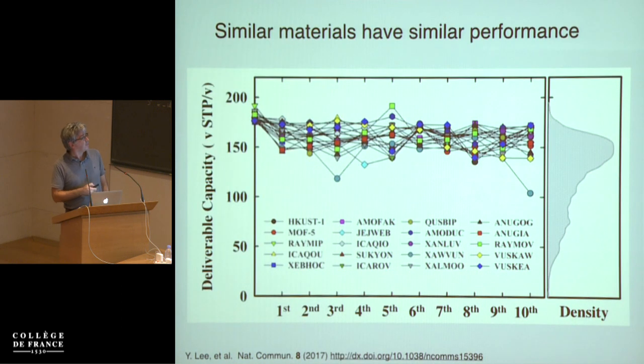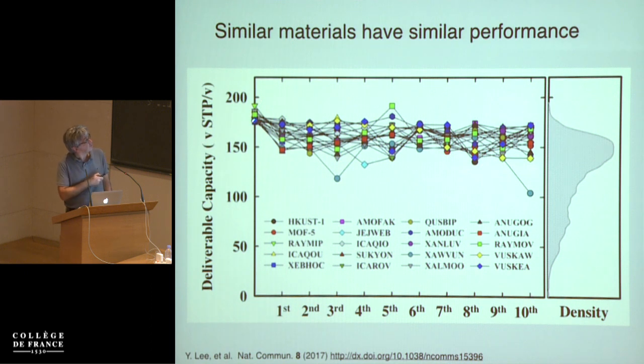This is a typical study. Here are a set of the top performing materials for methane storage. And then we looked in the database of metal organic frameworks for which materials have a similar pore topology, and we took the 10 most similar materials to the reference materials.